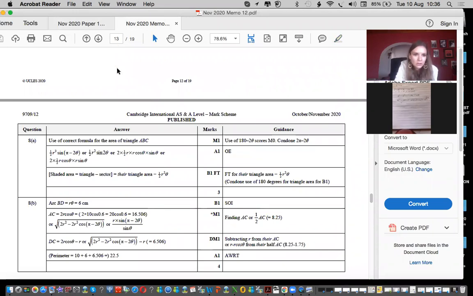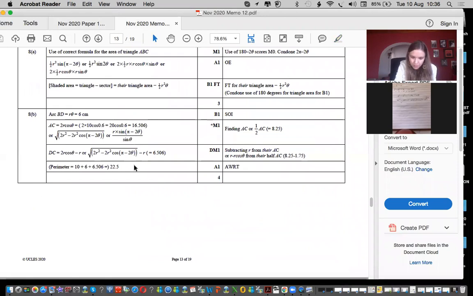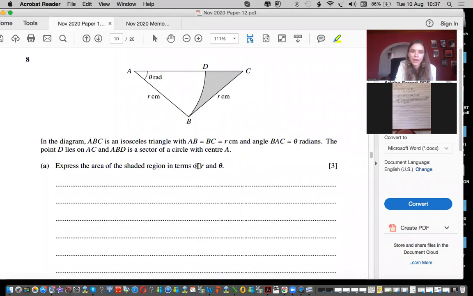Let's see if we are matching with them here. Yeah, I got for AC, remember this is not the true side that we were looking for, 16.507. That's what I get. So I just want to go back to the plan. The plan was BC plus DC.